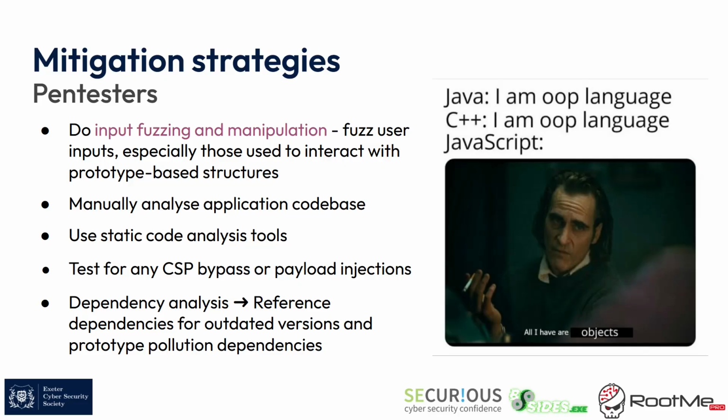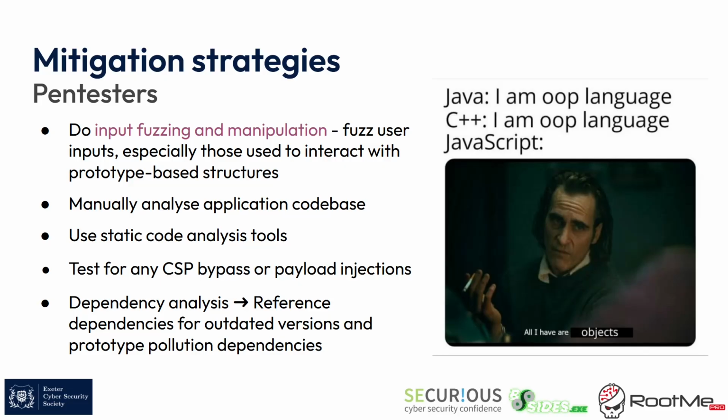So what you will need to do is to manually analyze the application code base. You should look at the functions in your backend carefully to try and see where user input might be used to access or interact with an object's prototype. You can try and use static code analysis tools. A lot of cybersecurity software companies do provide these SAST tools, which you can use on your backend code to see if there are potential prototype pollution vulnerabilities.